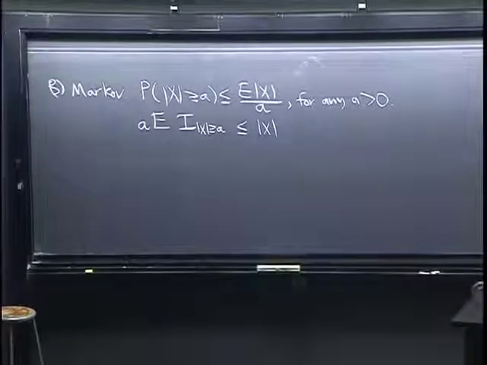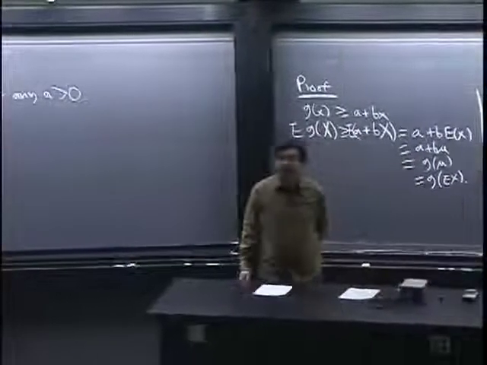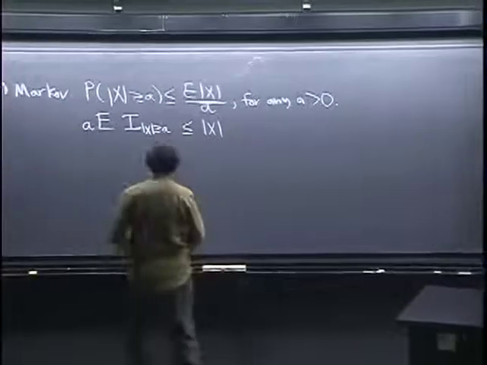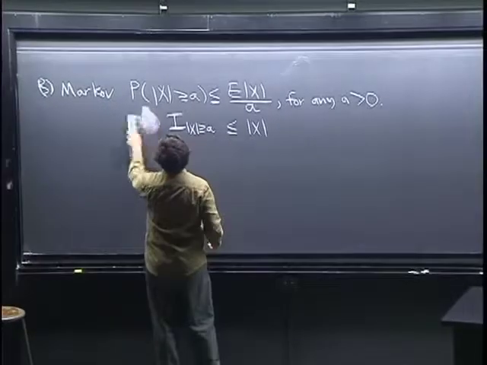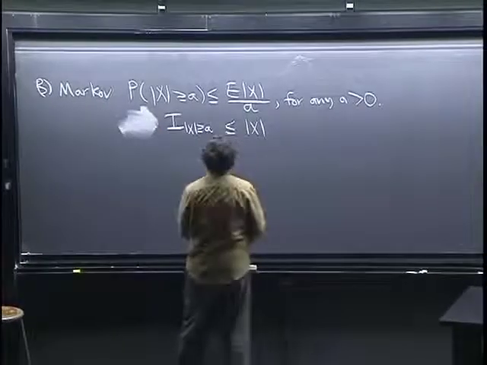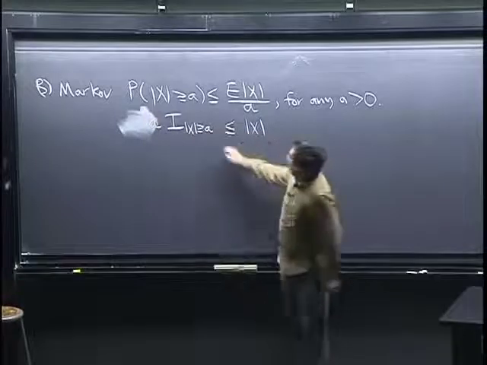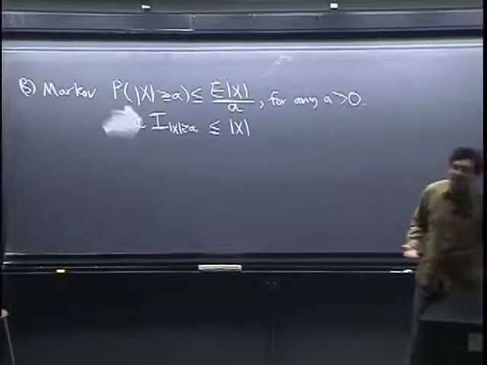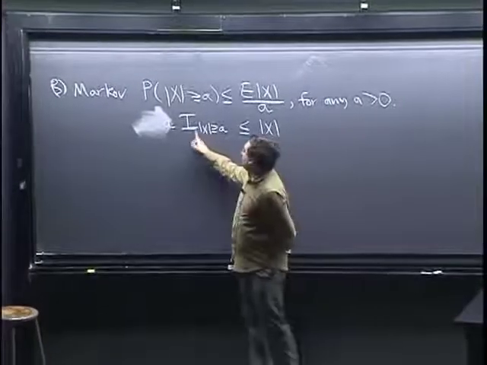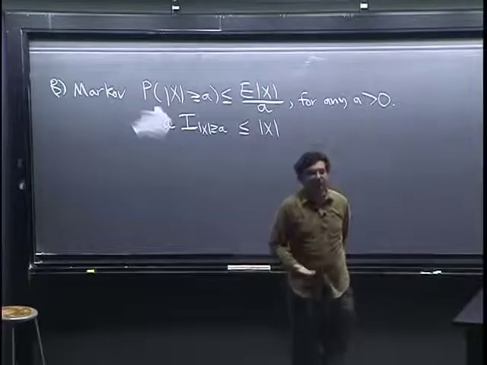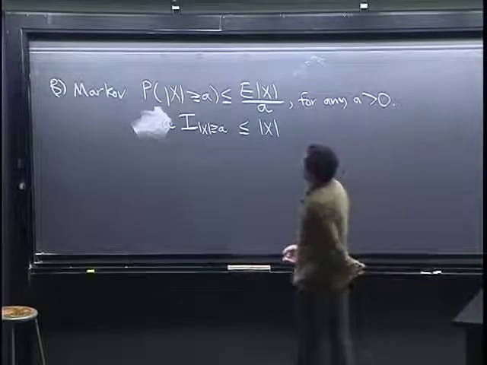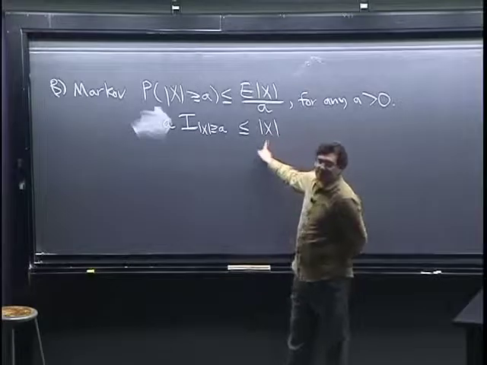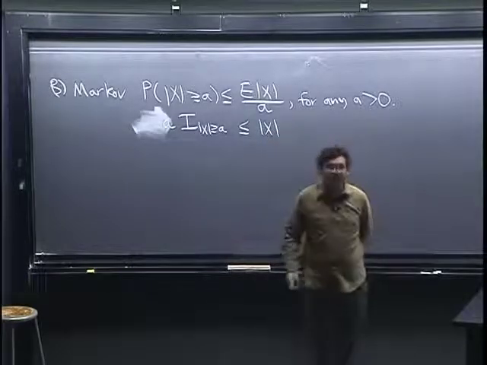Okay, this inequality is always true. Let's just think why. I shouldn't do this without expectation first, then we'll bring in the expectation. I say that this inequality is always true because there are only two cases to consider, right? Anytime you have an indicator random variable, either it's 0 or it's 1. If it's 0, that just says 0 less than or equal to absolute value of x, so of course that's true. That's one case.